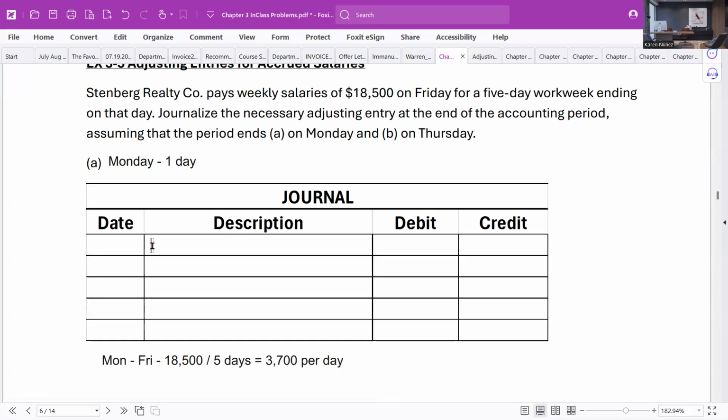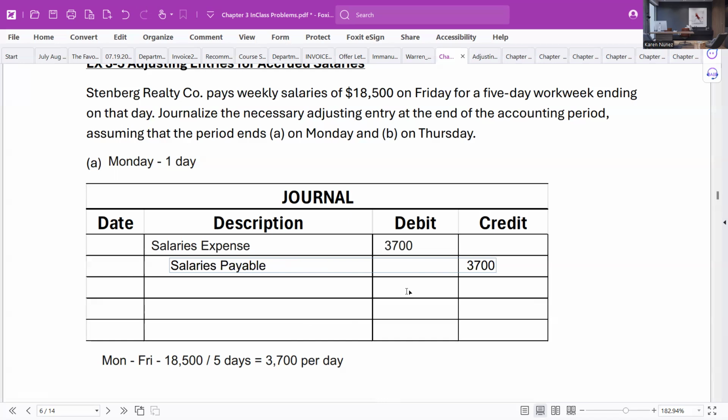We're going to be debiting some kind of an expense, right? And the expense is salaries expense for $3,700. And we need a liability to go with that, salaries payable, $3,700. That's it. One day, salaries expense, salaries payable.